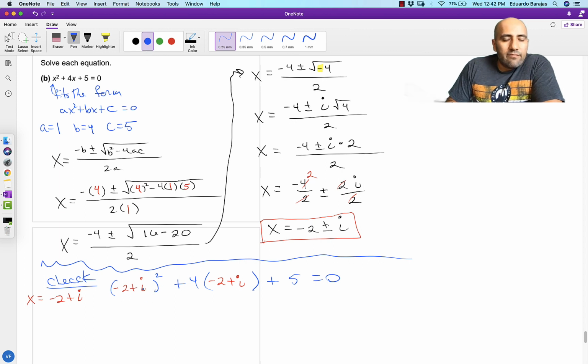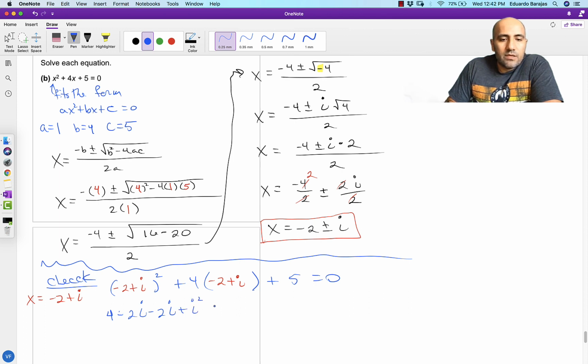Okay, so when I FOIL this, I'll end up with positive 4 minus 2i minus 2i plus i squared.